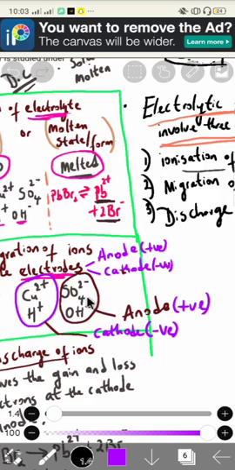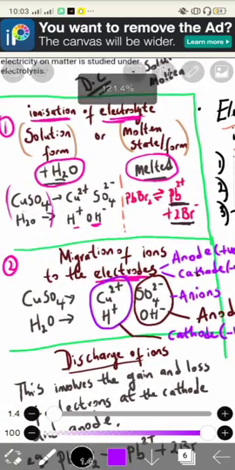So now there's something. Those ions that are attracted to the anode are called the anions, meaning that they are the anode ions. Are you getting what I'm saying? Those ions that are attracted to the anode are known as the what? Anions, meaning anode ions.